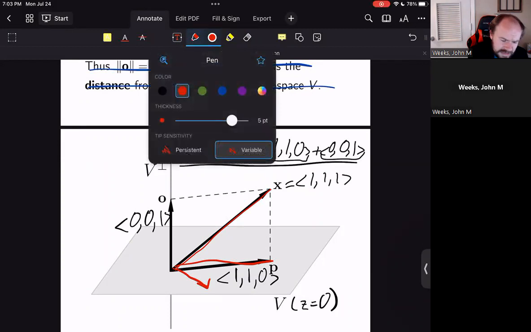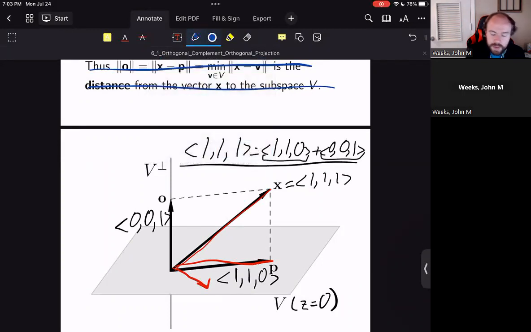Well, it turns out that the orthogonal projection has another special property. There is no easier way to get from the subspace V to the vector x, meaning that the distance between x and P is the smallest it possibly can be if we're limiting ourselves to vectors inside of the subspace V.